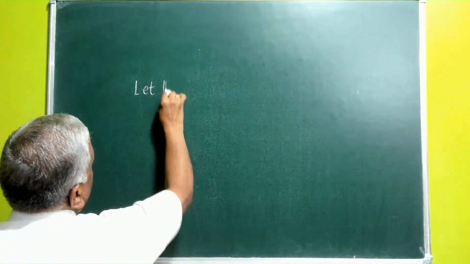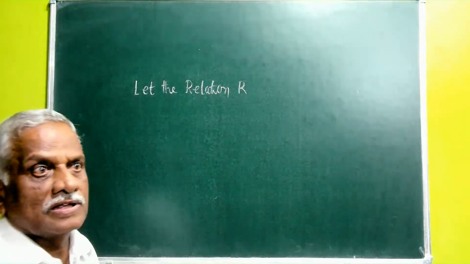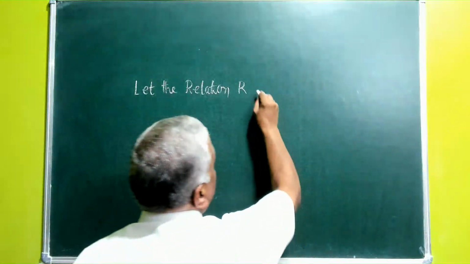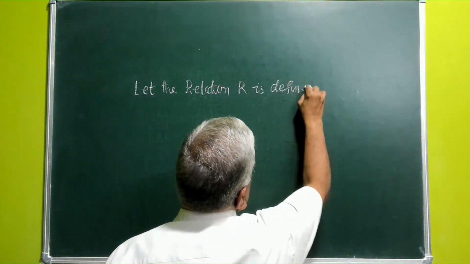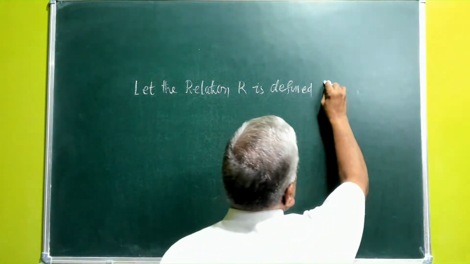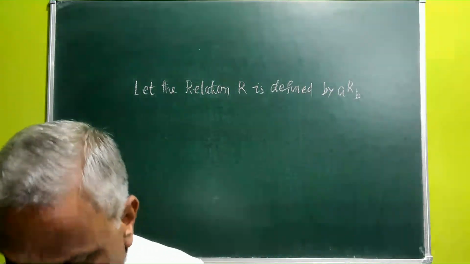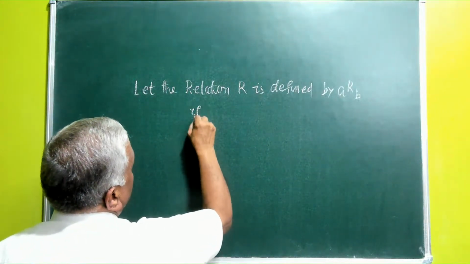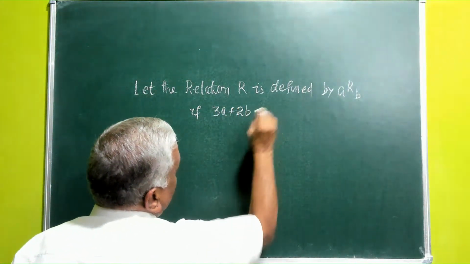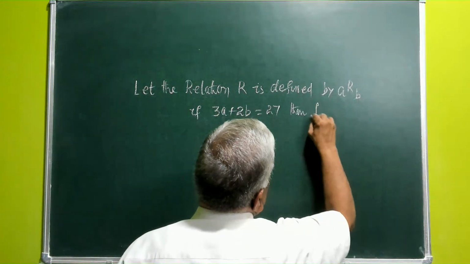The question is, let the relation R be defined by a R b, that's the common notation used, a is related to b, if 3a plus 2b is equal to 27. Then what is R? They have asked, find R.